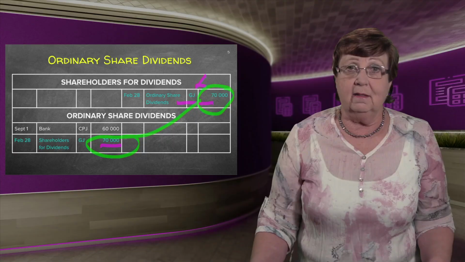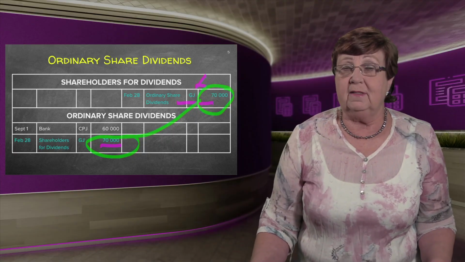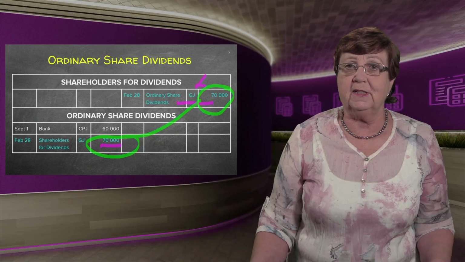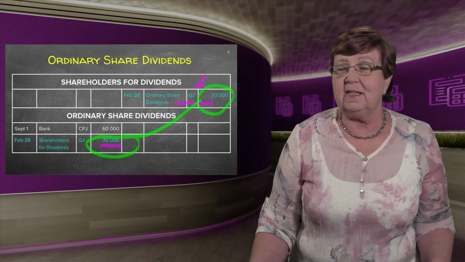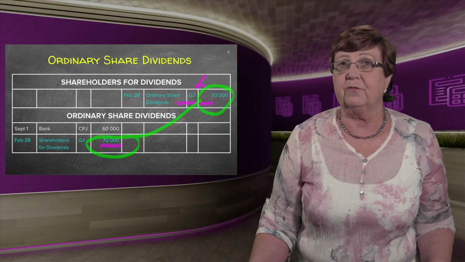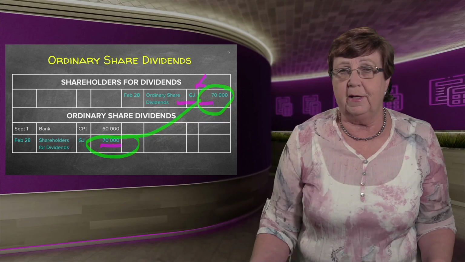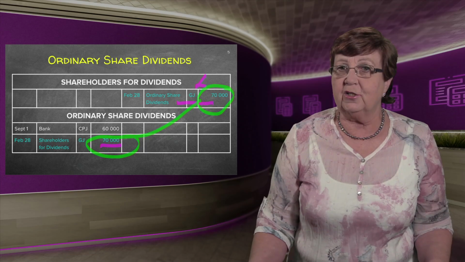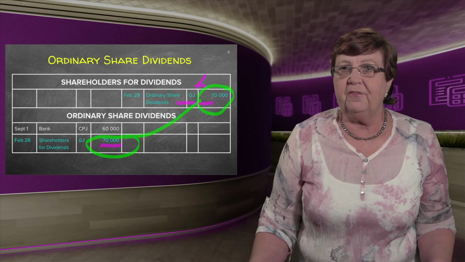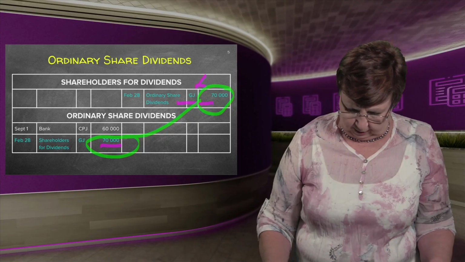And so in this case, we have debited our ordinary share dividends, and we have created a liability known as shareholders for dividends, which we are again to credit. And so my narration would simply be bringing final dividend into account.